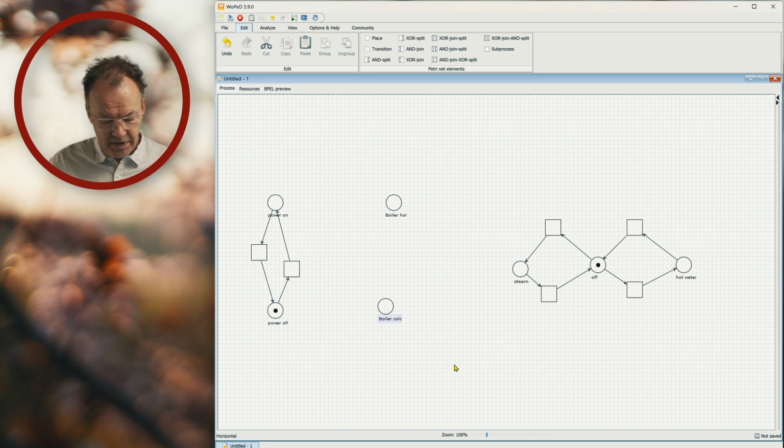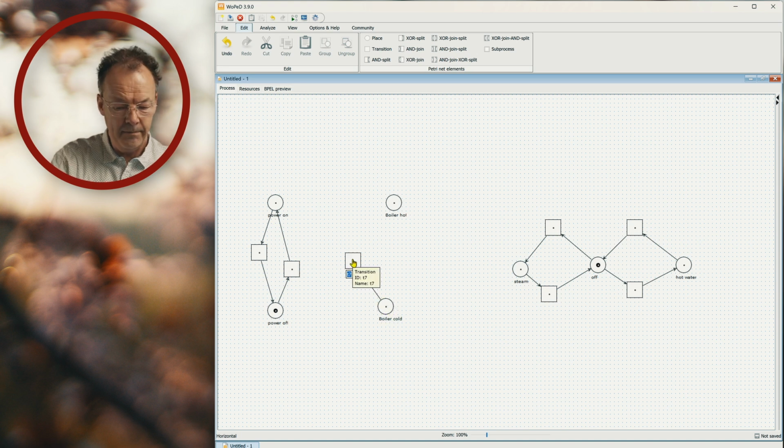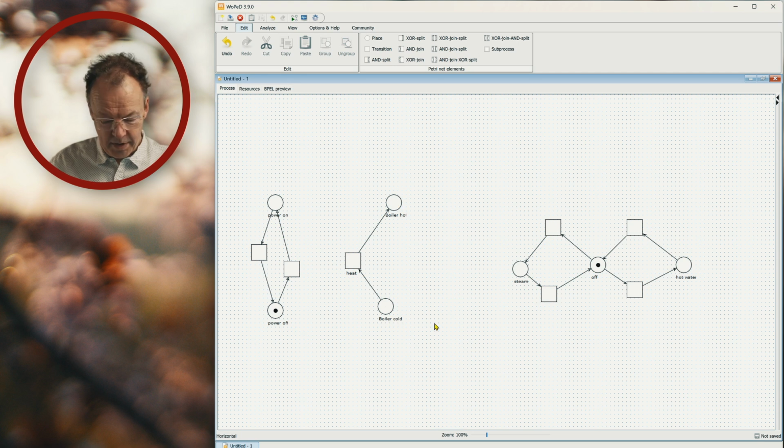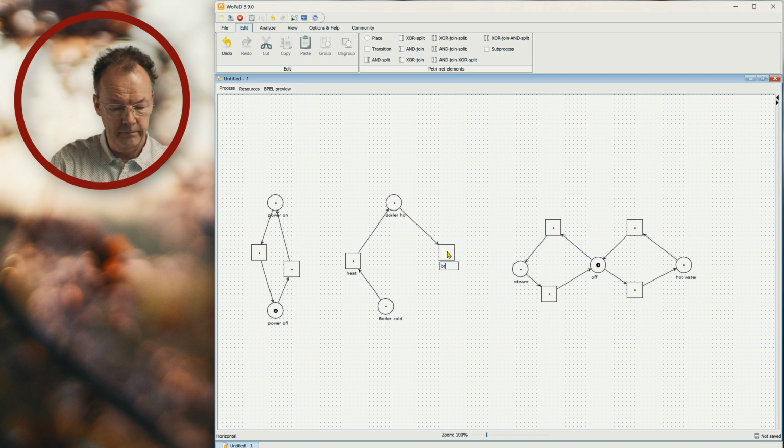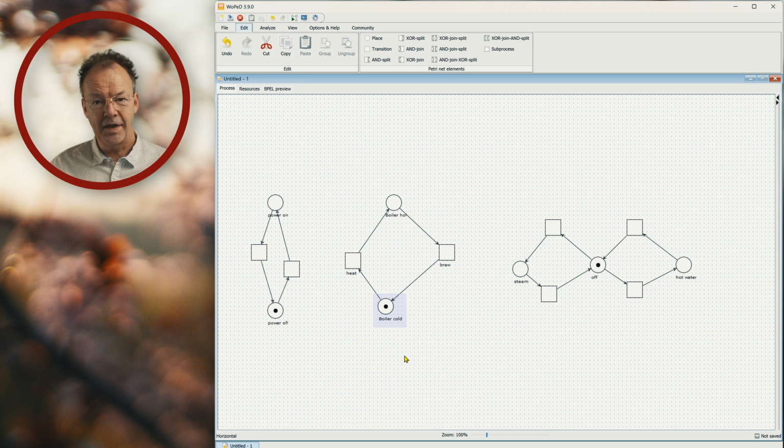And we need transitions for heating the boiler, and the other one is for brewing our coffee. And of course, the boiler at the beginning is cold. So that's the initial state. We have three subsystems here.